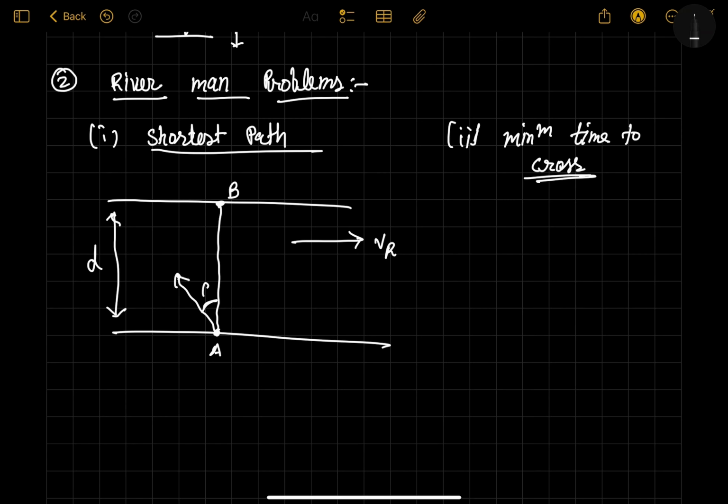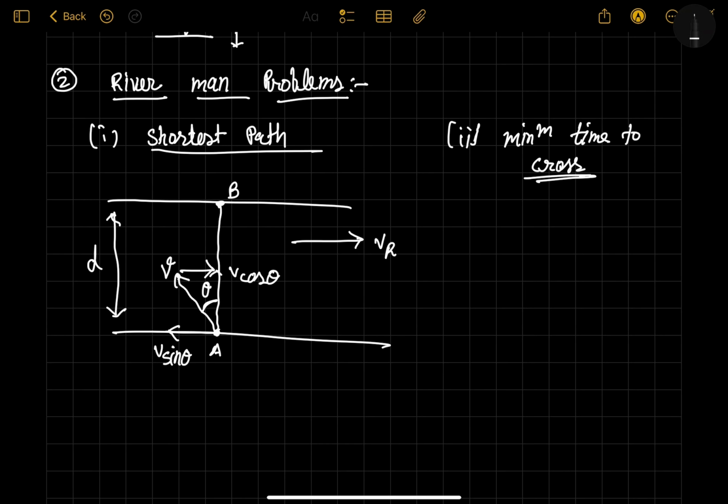He will make an angle theta, and his velocity components will be v cos theta here, and v sin theta here. So this will be his velocity, and this is the velocity of the river.